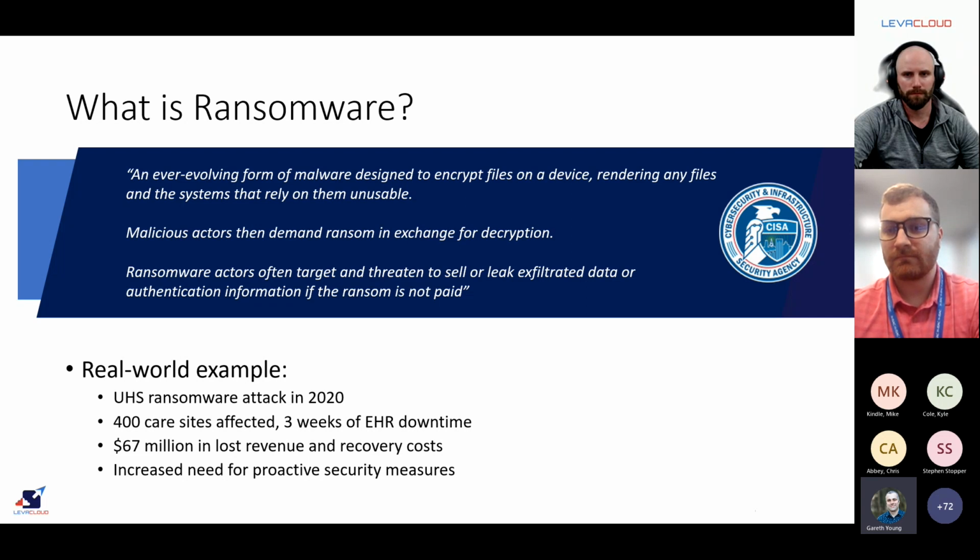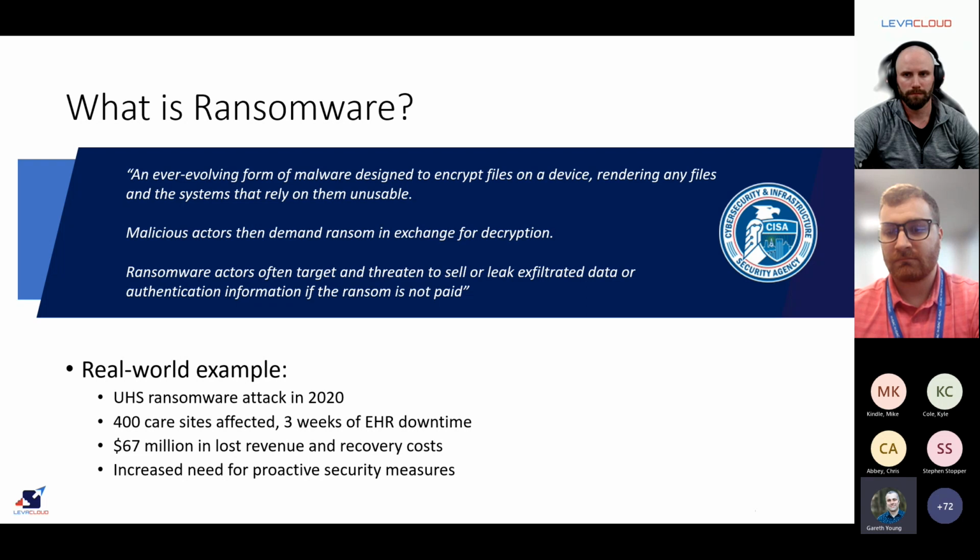So let's talk a little bit about a real world example of a ransomware attack on a healthcare organization. Some of you might remember this one. Back in September of 2020, Universal Health Services fell victim to a Ryuk ransomware attack, and it affected all 400 of their care sites across the United States. The attack caused an EHR outage at all the care sites.